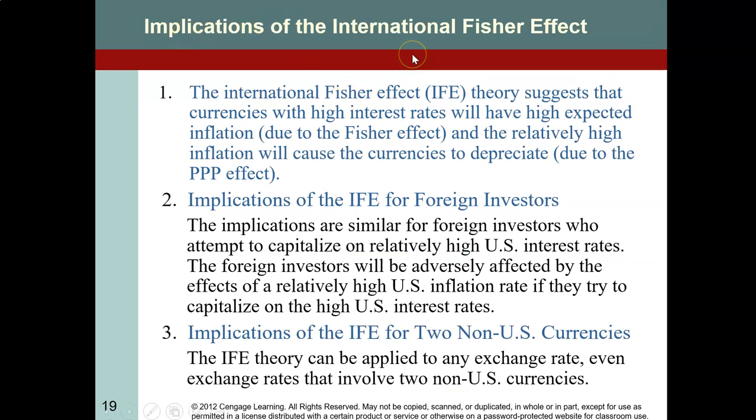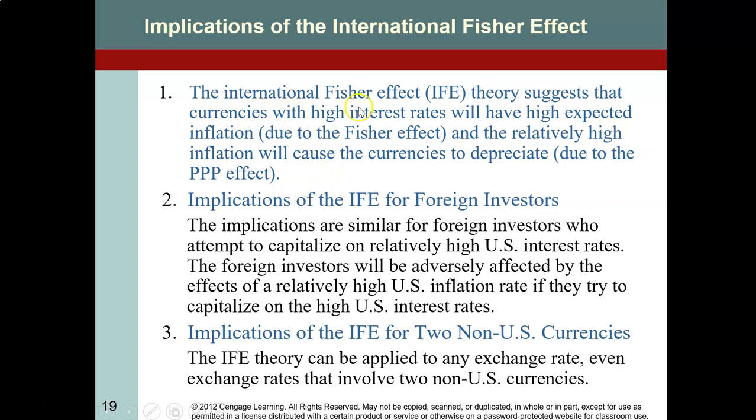Implications of the international Fisher effect. IFE theory suggests that currencies with high interest rates will have high expected inflation due to the Fisher effect, and the relatively high inflation will cause the currency to depreciate due to the PPP effect. So we have two steps here.